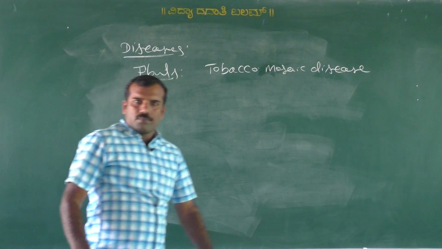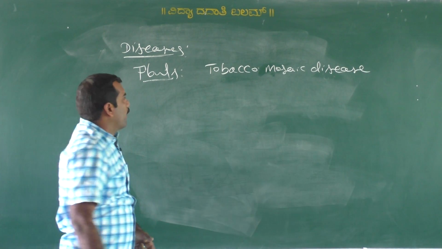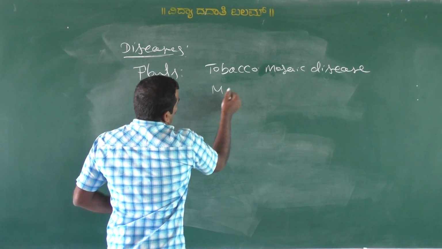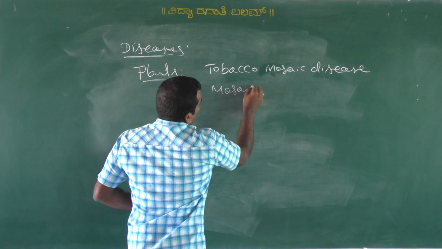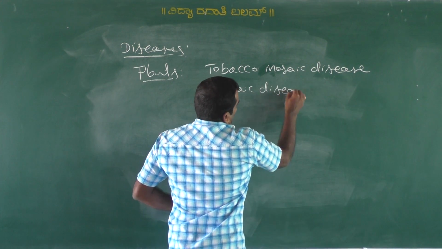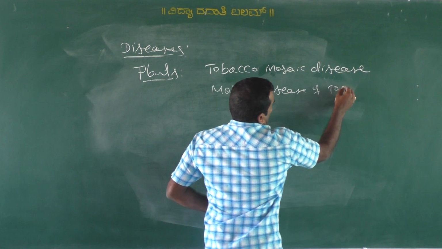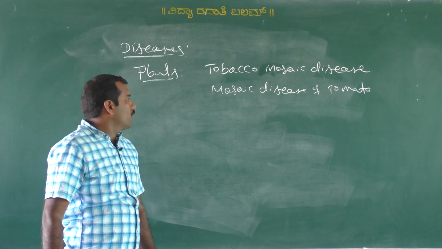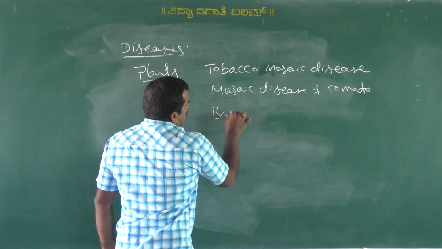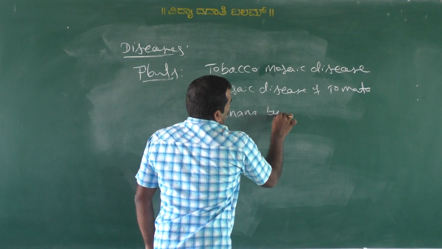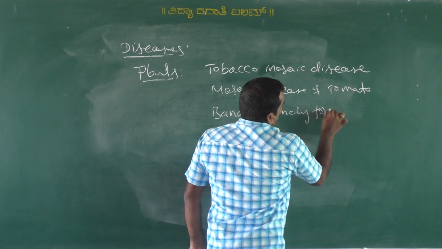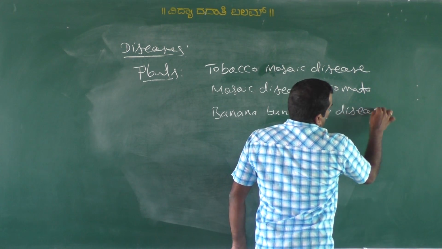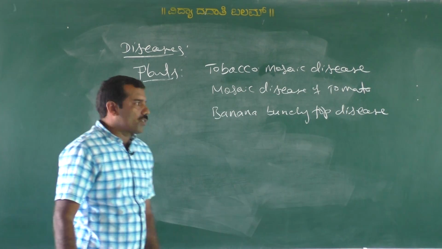Then mosaic disease of tomato. Then banana bunchy top disease. These are all plant diseases.